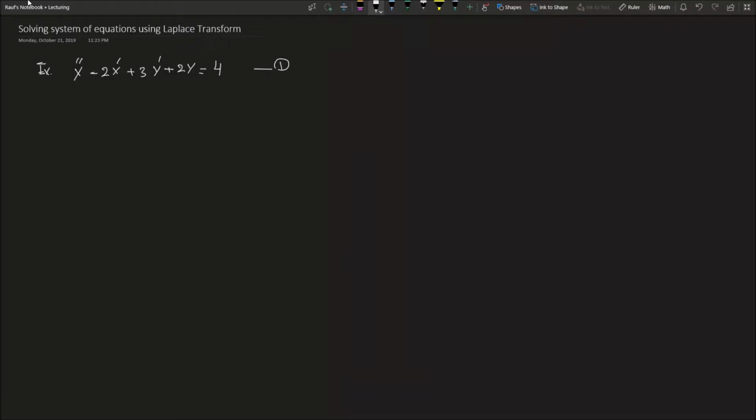Equation number 2: you have 2 multiplied by y prime minus x prime plus 3 multiplied by y equals 0. That's equation number 2. Now you want to solve these equations given that the initial values x of 0 equals x prime of 0 equals y of 0 all equal 0. That's given in your problem.